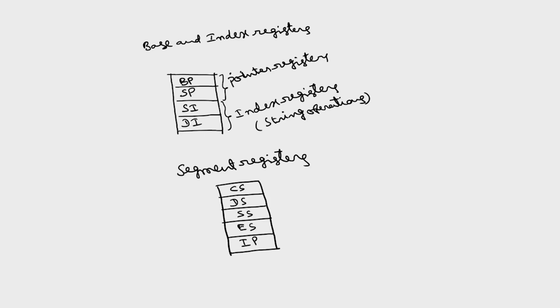As I have told, the microprocessor 8086 has 20 address lines. So, a 20-bit address bus is there, A19 to A0. This is the symbol for bus.